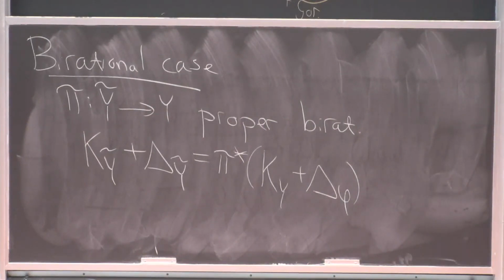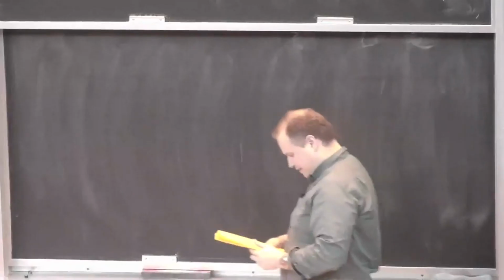However, the picture on the top row is a little bit better, a little bit more fully understood. And I want to state that, and then I just want to say a couple words about some computations.